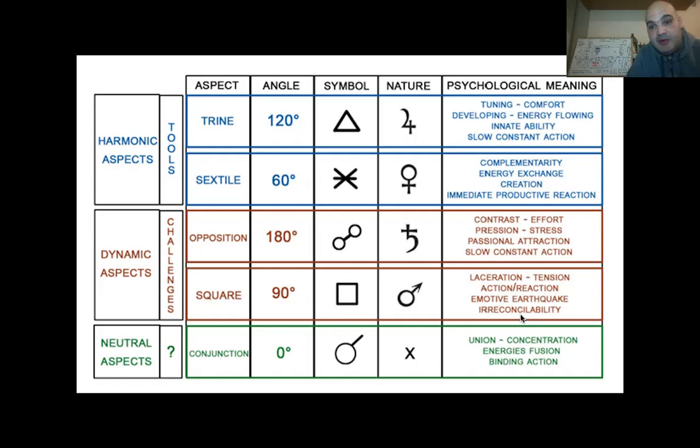I can't say that word, excuse me. Sorry, I can't read that word. And then the neutral aspect is the conjunction, whose psychological meaning is union, concentration, energies, fusion, binding, and action.